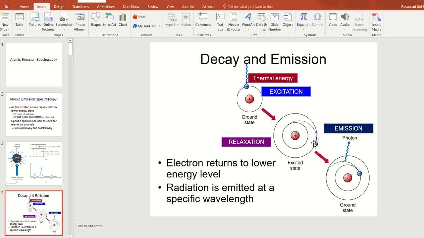The movement of the electron from the outer orbital to the inner orbital, from the highest energy to the lowest energy, is associated with the emission of a photon.